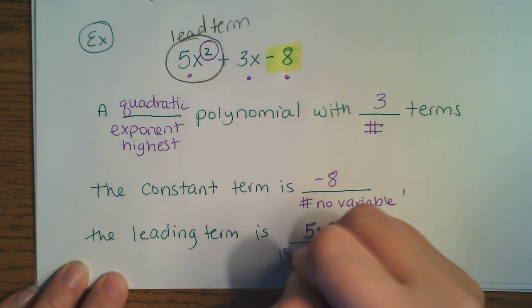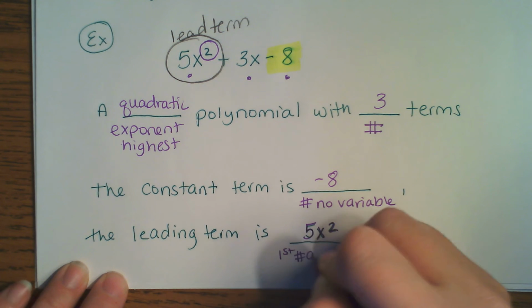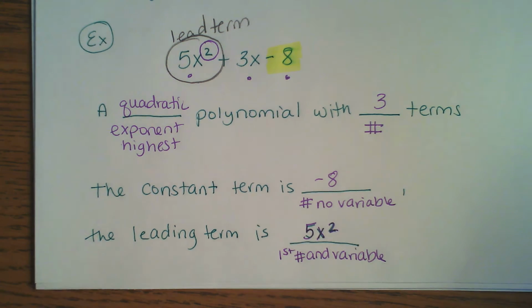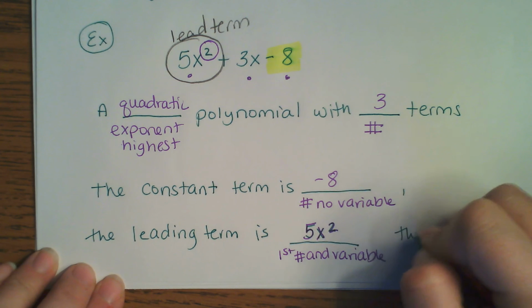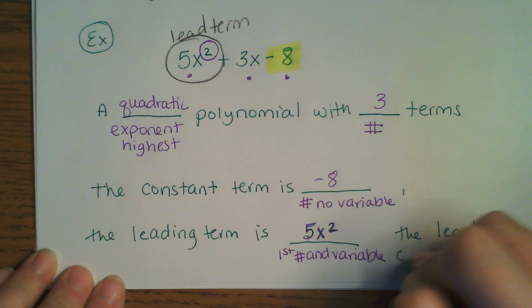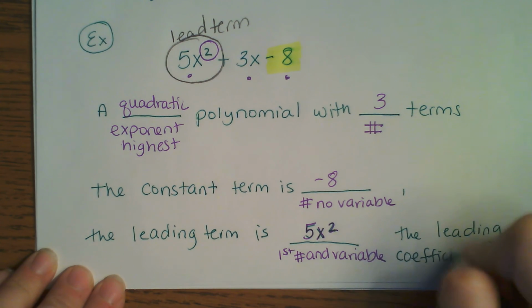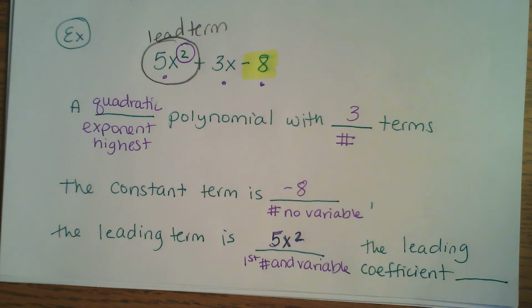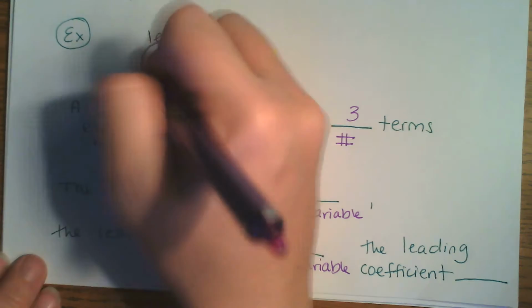So this is first number and variable. And then the last part says the leading coefficient, and they only want the number.